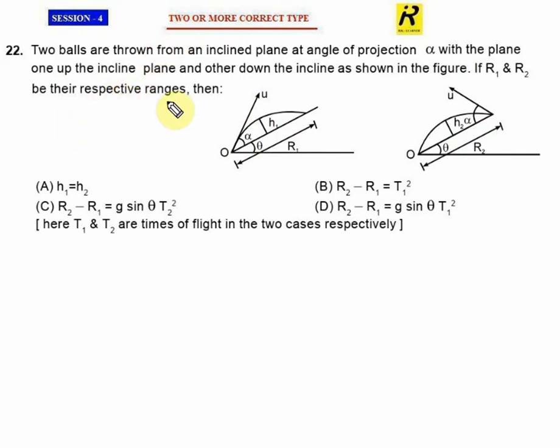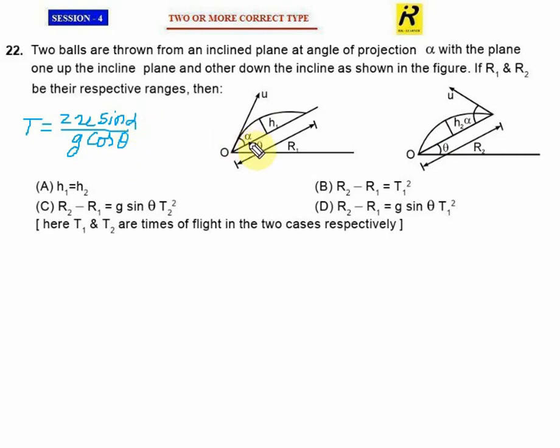You must know whether the projection is upward or downward, in both cases the time of flight is given by t equals u sine alpha divided by g cos theta. Be careful about the symbols or notations I have used.